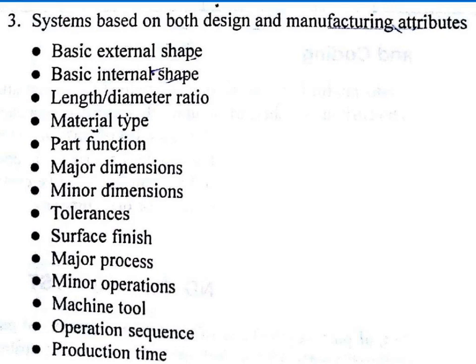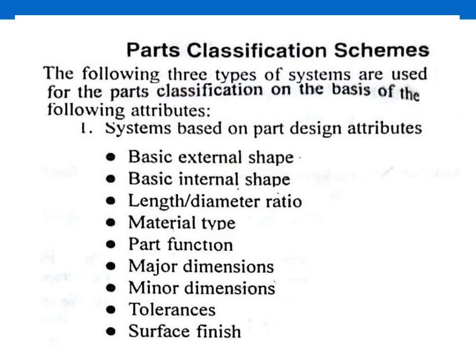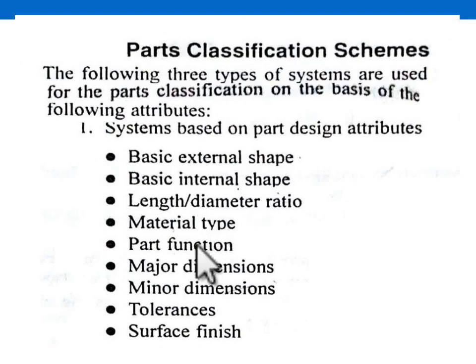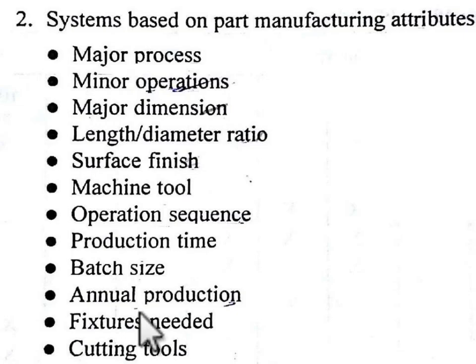The A list is only related to design, not manufacturing. The B list is only related to manufacturing. Basic external shape, internal shape, L by D ratio are common types; L by D ratio is common, so we put it in list C. Tolerance and surface finish are only related to design. Manufacturing attributes like batch production, production time, annual production are only related to manufacturing, so we put them in B.